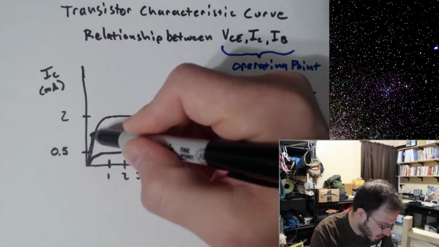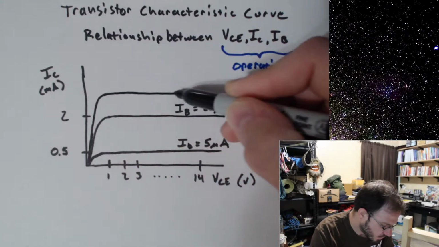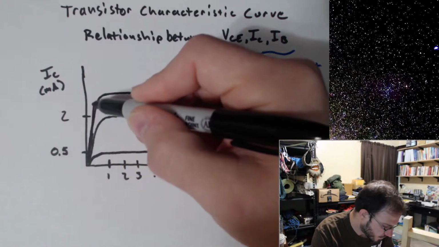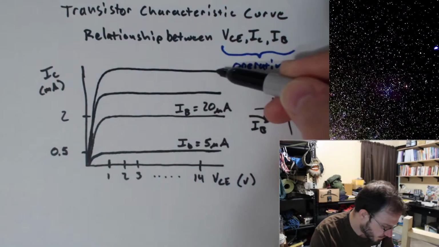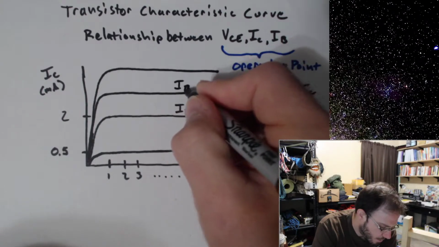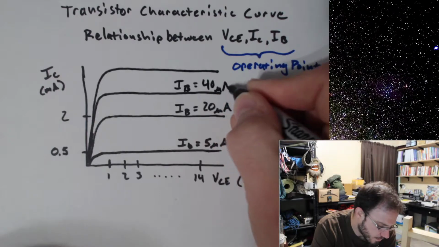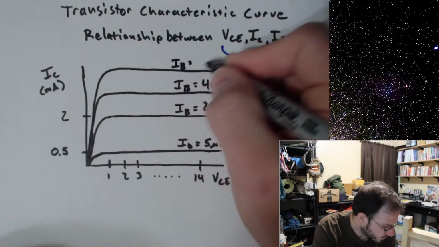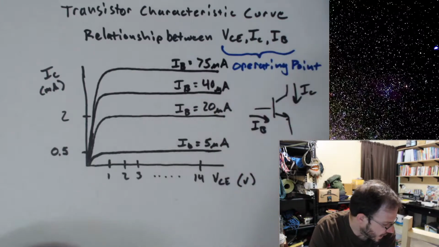So let's do a couple more here. Now let's say we got a base current of 40 microamps and a base current of, let's say, 75 microamps.